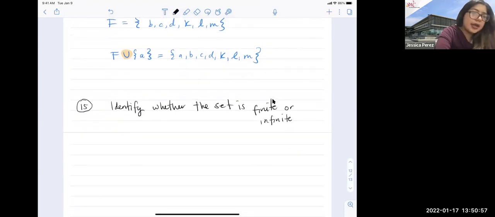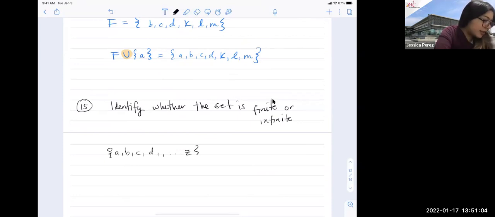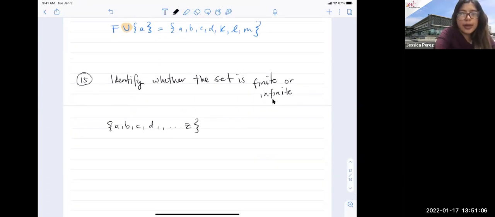So let's say the set is A, B, C, D, and then Z. Well, what do we know?